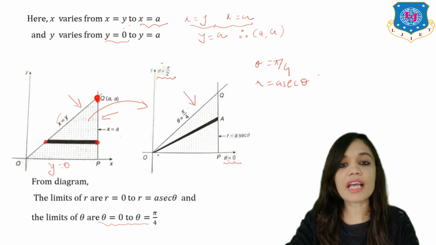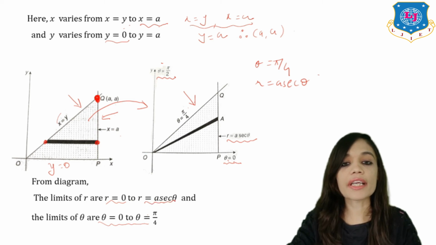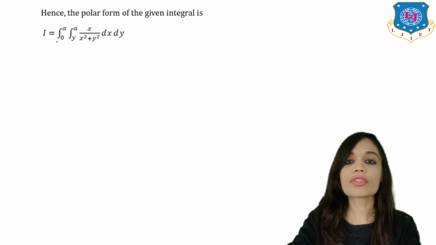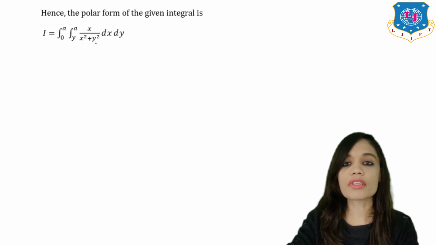Now our radius r varies from r equals 0 to r equals what? a sec theta. So the limits of r are 0 to a sec theta. Now let us convert our given integral, which is I equals double integration 0 to a, y to a, x upon x square plus y square dx dy.